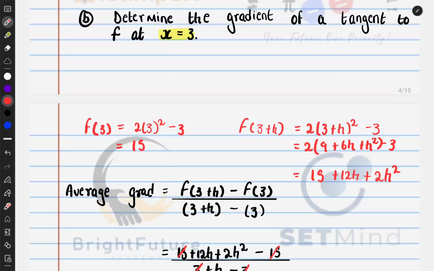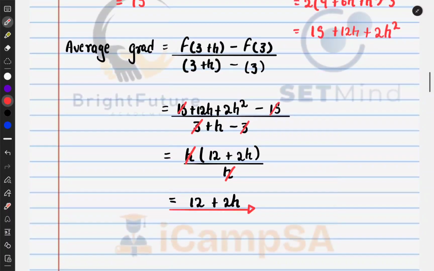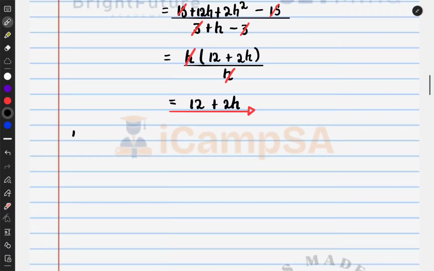To find that, this will be our part b, we now have to take the limit. So for b, the gradient of f will be equal to the limit as h approaches 0 of this gradient that we have here.